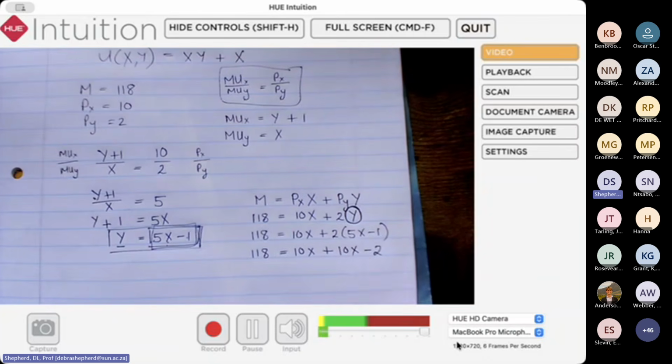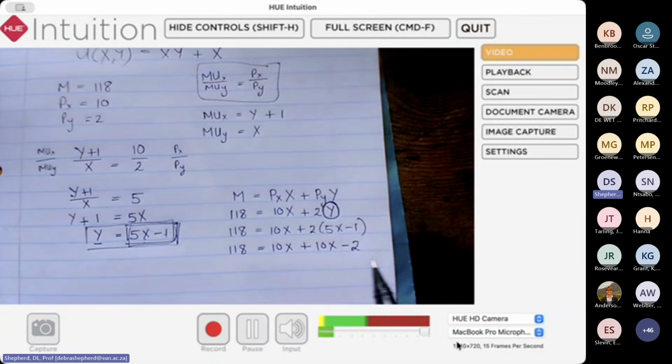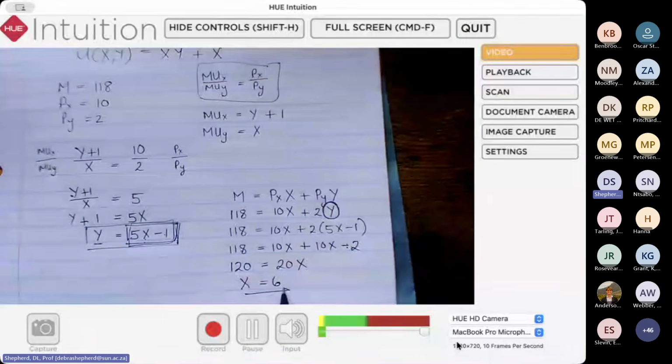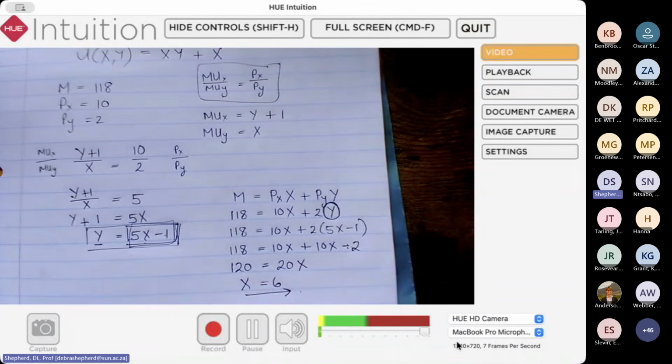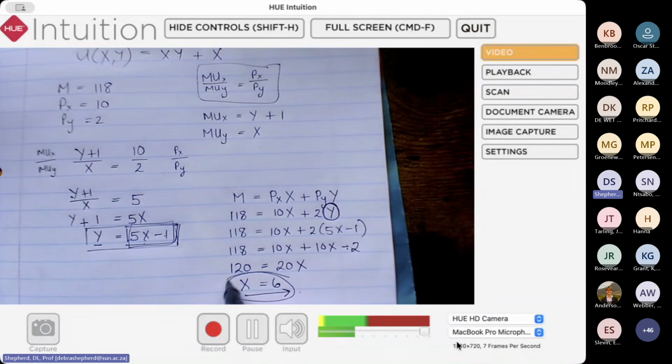Now I'm just going to collect all of the constants together and the X's together. So if I take the minus 2 to the other side, I'm going to get 120. So 120 equals 20X. And that means that X at the consumer's best point is going to be 6. So I've solved for the consumption choice of X.